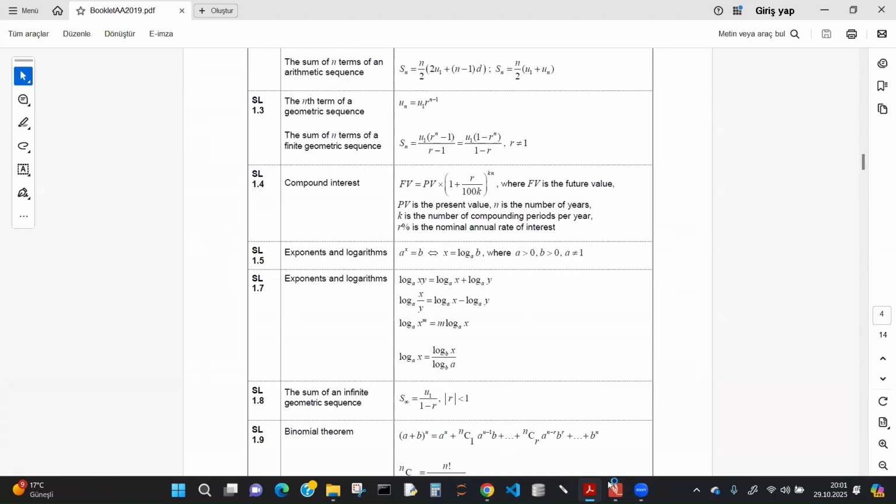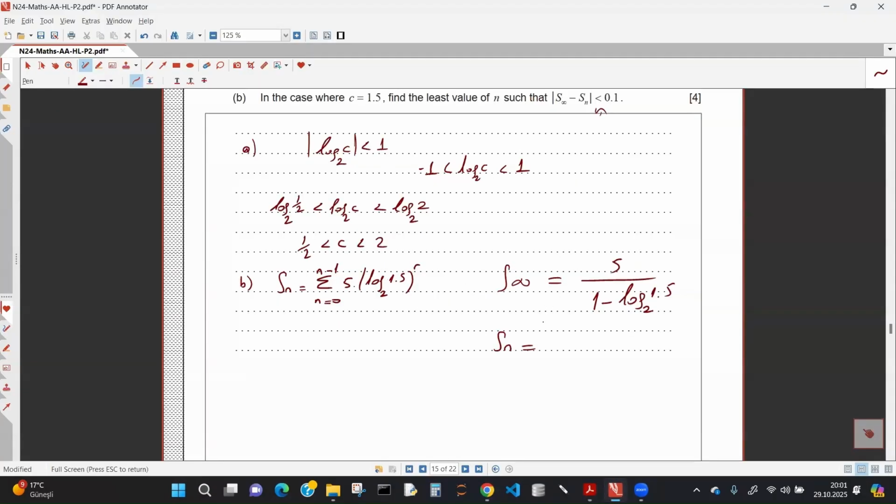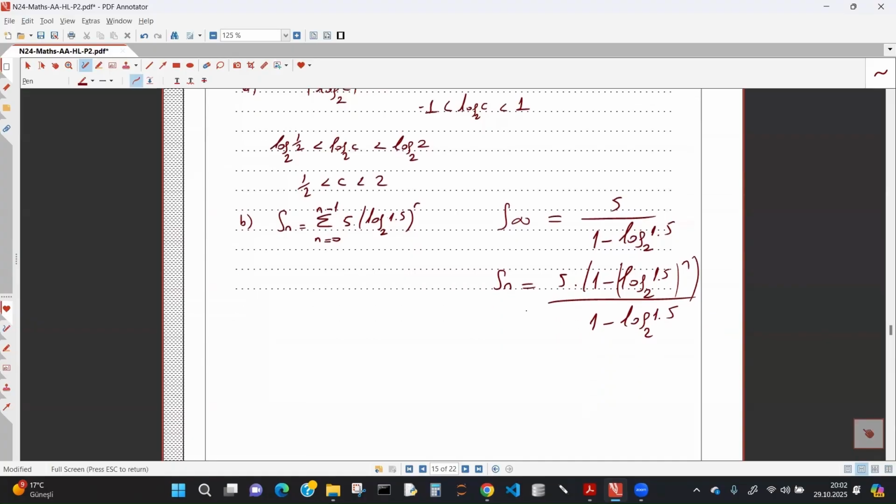U1 is going to be the same, 5, times 1 minus log base 2 of 1.5 to the n, divided by 1 minus log base 2 of 1.5.